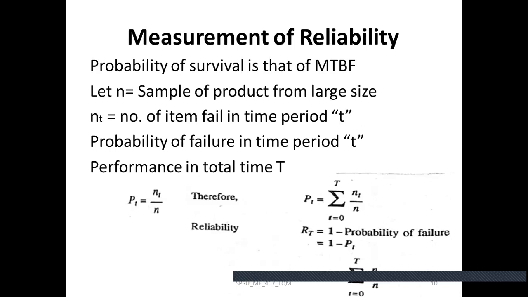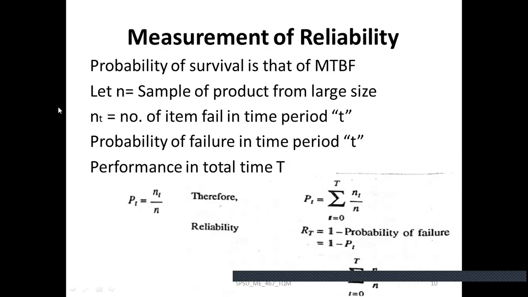So this is the basic measurement of the reliability of the products. The probability of survival, and the MTBF, meaning mean time between failure. Let small n be the sample of the product from a large size.